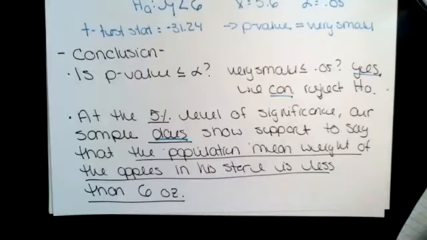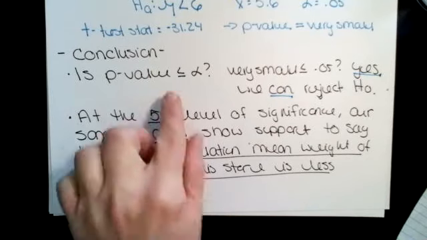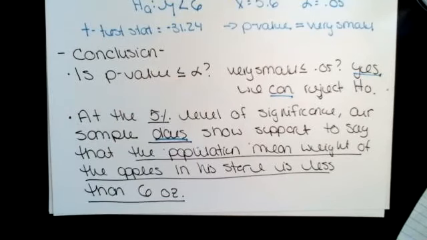The conclusion step goes really quickly because we have done all the calculations. You're just seeing if something is less than, if it's smaller than, right? You should already have your drawing done by now if you did a drawing. And then you just have one statement to make here.